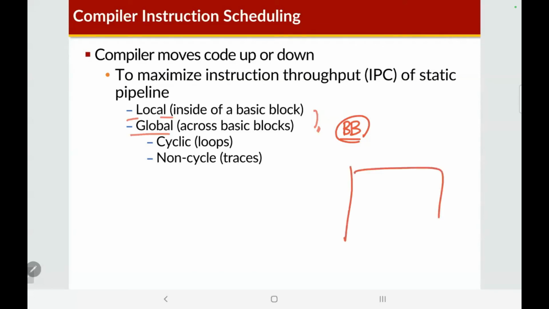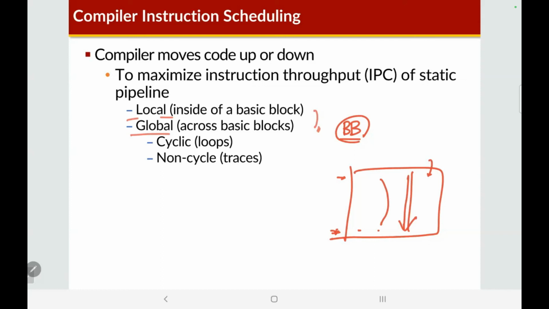The definition of the basic block is that if the first instruction of the basic block is executed by the processor, then the instructions in this basic block are executed sequentially, that means in order, until the final instruction in this basic block. Which means that the execution order inside of the basic block is in order. So it's sequentially executed.